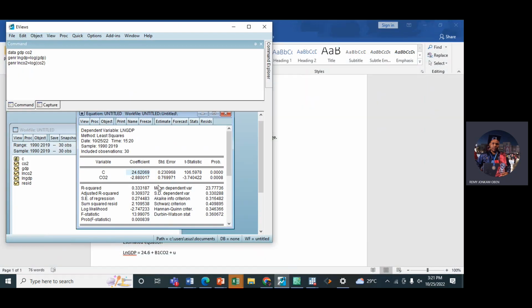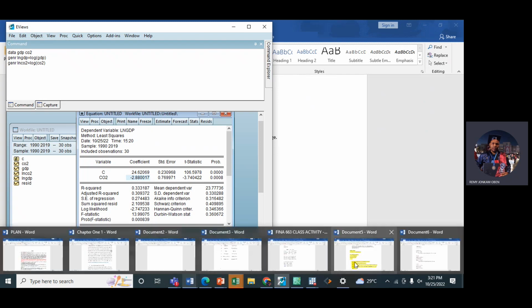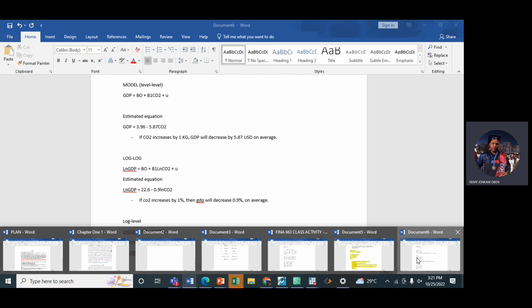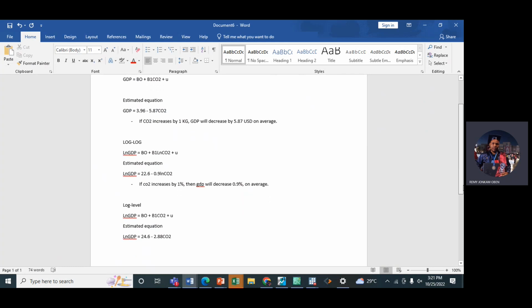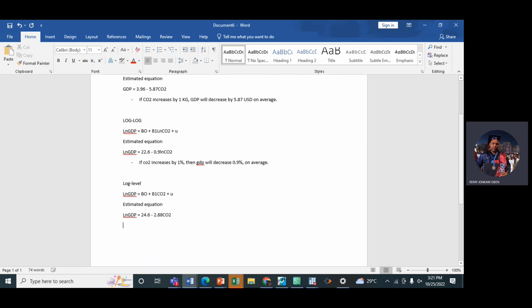And the coefficient of carbon dioxide here is minus 2.88. Why is everything minus? Anyway, it's fine. Minus 2.88. Here is minus. We have to delete this error term. Once you write the estimated equation, once you have the parameters, you don't include the error term. Be careful.